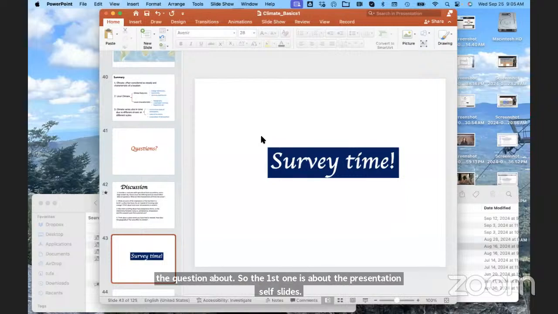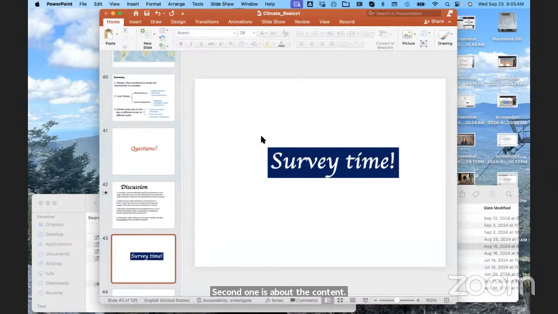And third one is about the presenter. So we will do this after each section to see how it goes. From what I see, it's not bad. So here is 50 plus 75% saying easy to understand. They are really very easy to understand. Okay.